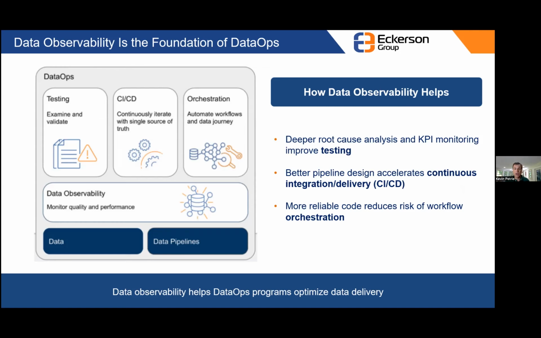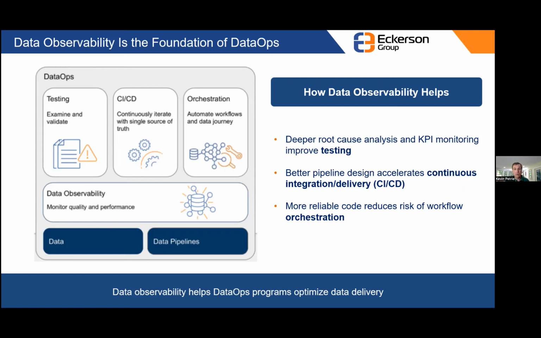Data observability also can improve pipeline design, helping you plan ahead, understand interdependencies more fully, as an example, because you have better visibility into what's happened in the past. This can accelerate that branching and merging process of code that supports CI/CD for pipelines.